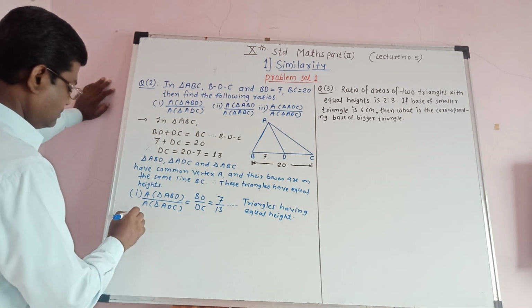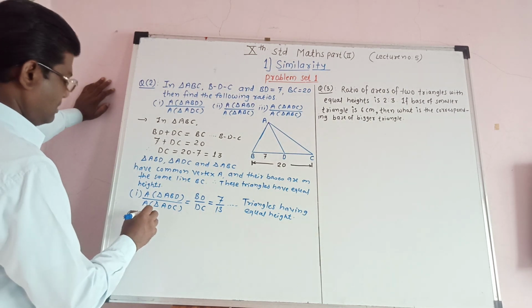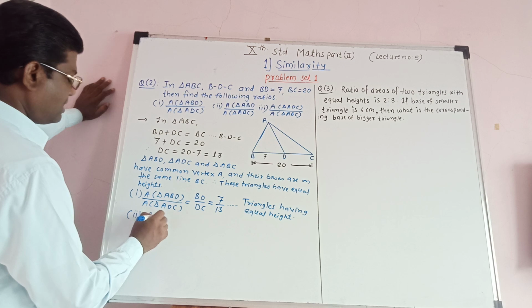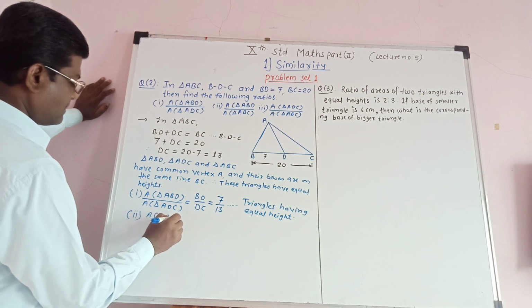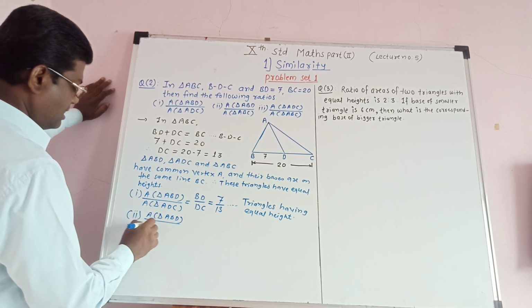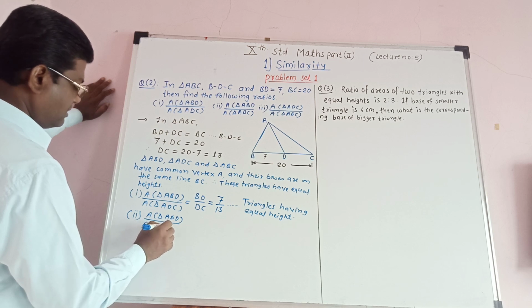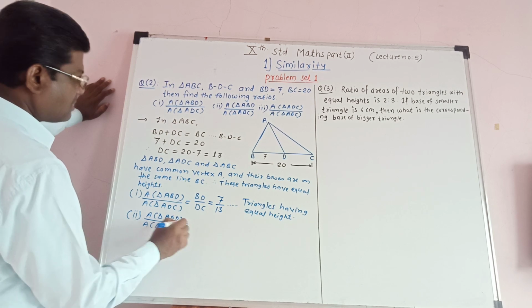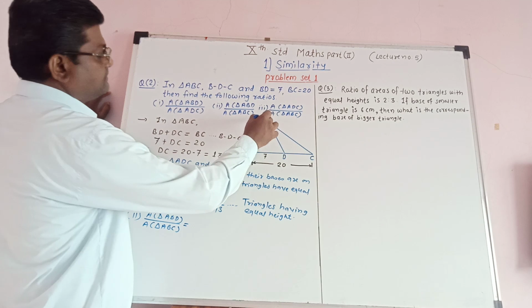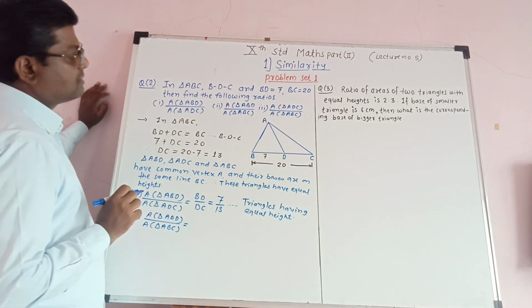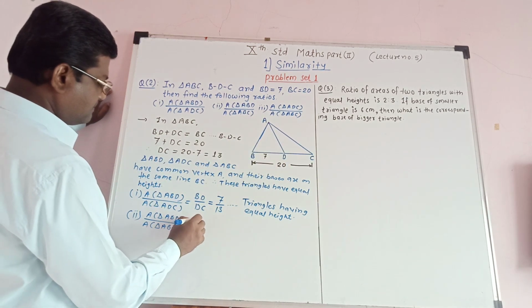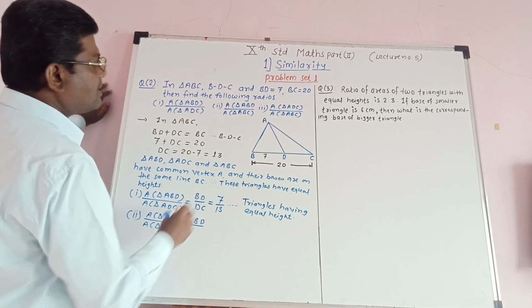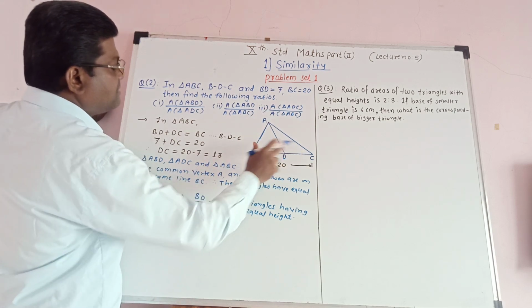Now number 2, area of triangle ABD upon area of triangle ABC. Triangle ABD has BD base and triangle ABC has BC base.